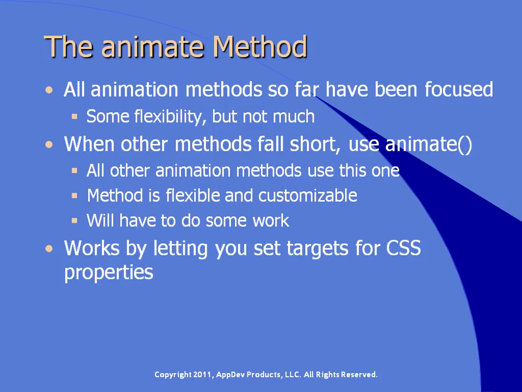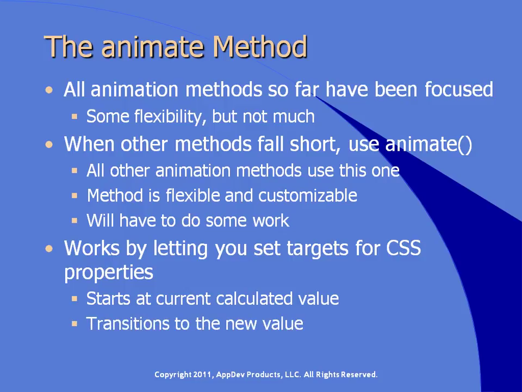The animate method works by letting you set targets for numeric CSS properties, including top, left, padding, font size, and so on. When you call the method, it starts at the current value of each property, and that's the calculated value, not the original value that the property is set to when you originally load the page, but its current value as it may have been changed in code.